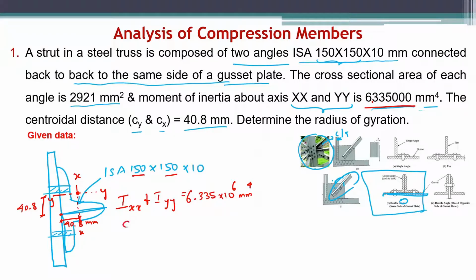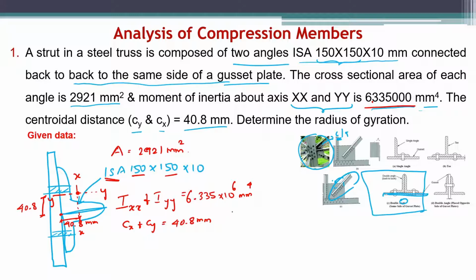And this Cx and Cy centroidal distance is 40.8 mm. And the area of a single angle, see, we have an angle, the area of a single angle is 2921 mm square. Okay, this is what is given.